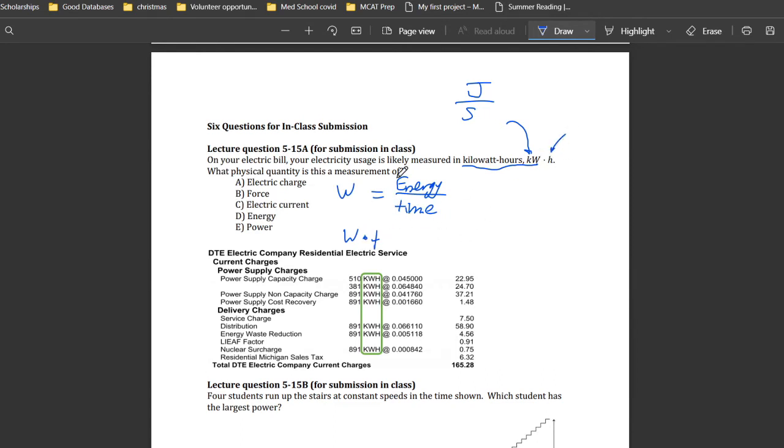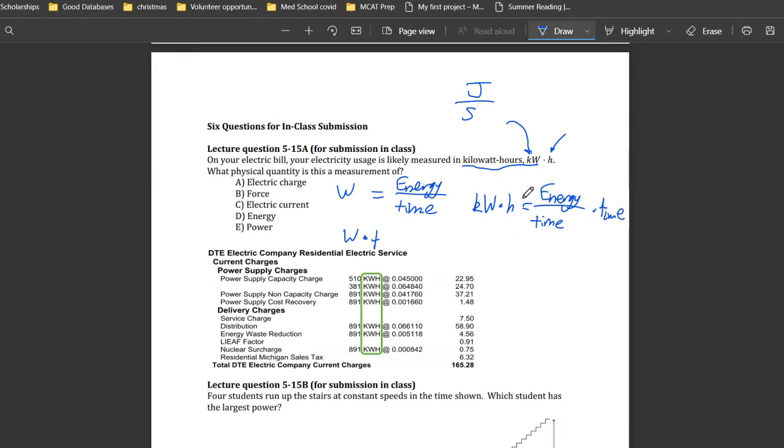So when we're plugging this all in, we can say that when we're trying to figure out the physical quantity, kilowatt hours, so kilowatts times hours, is equal to energy divided by time times a unit of time.